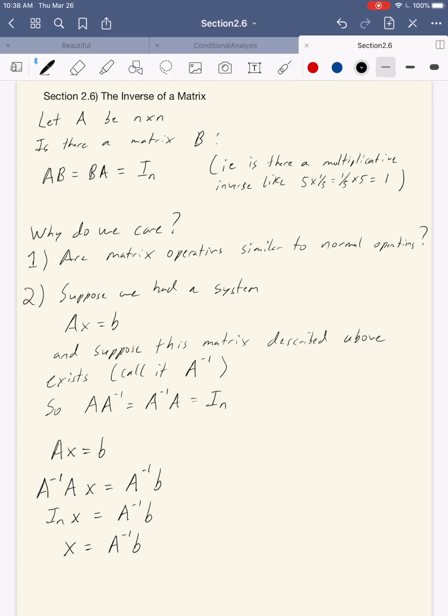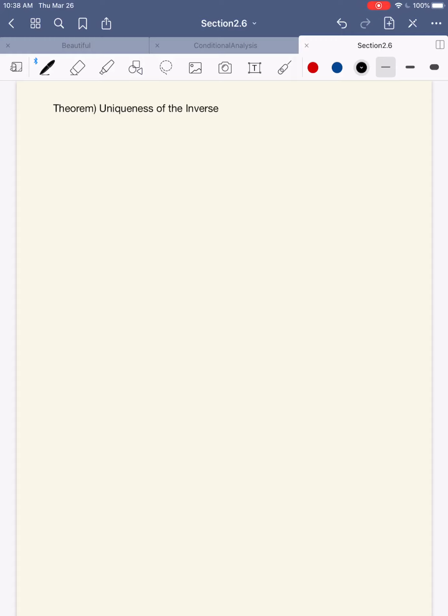So let's go ahead and start giving some information about the properties of this inverse, the definition, etc. The first thing we're going to do is confirm that the inverse, if it exists, is unique. So this is going to be a theorem here. It's called the uniqueness of the inverse. So let's set this up and then we'll prove it. Let A be n by n.